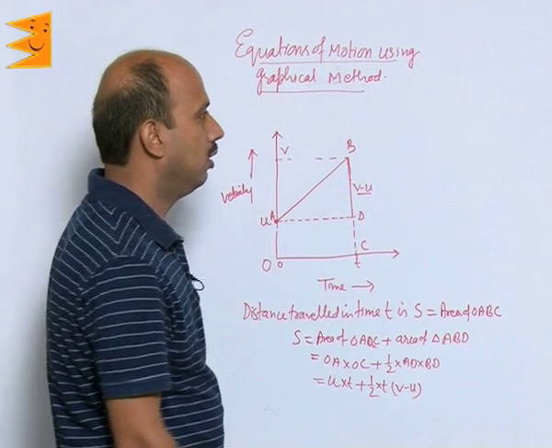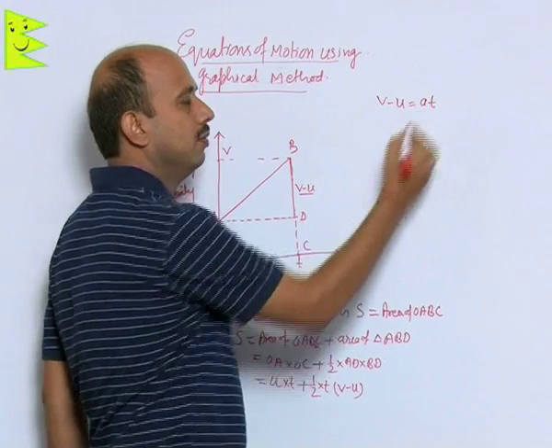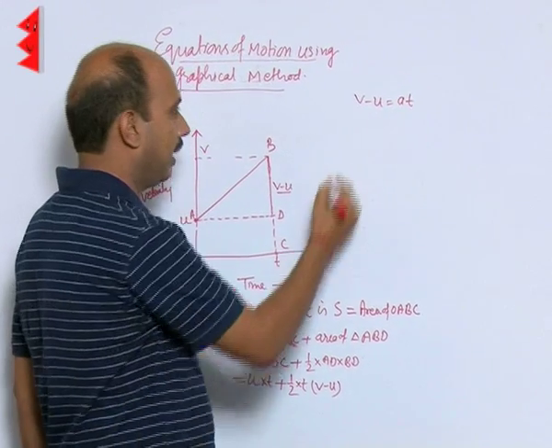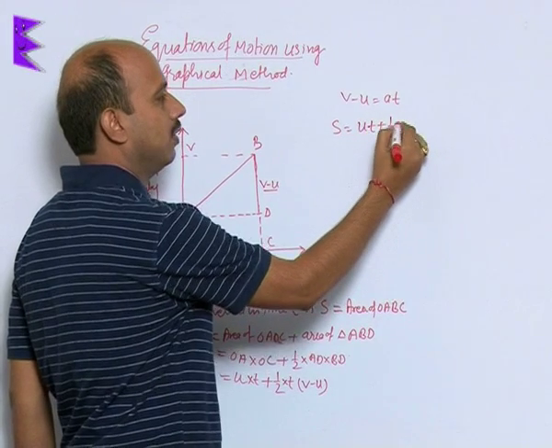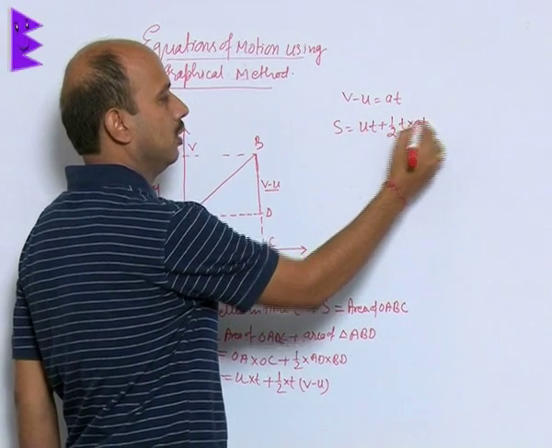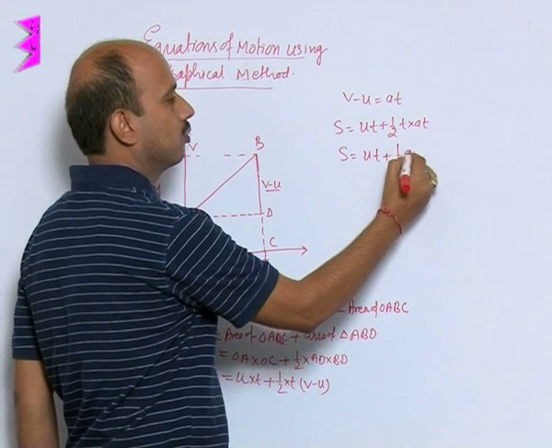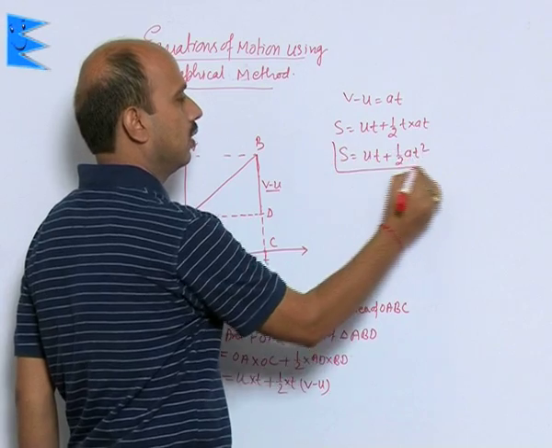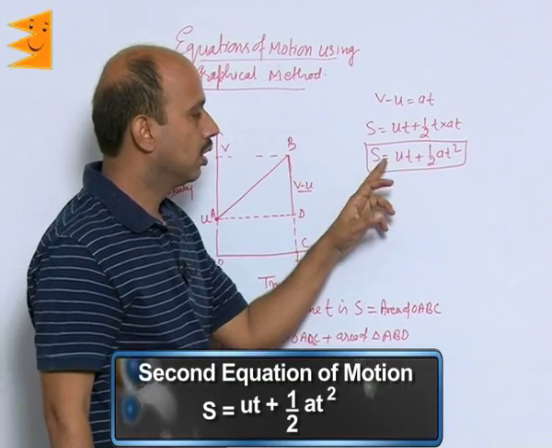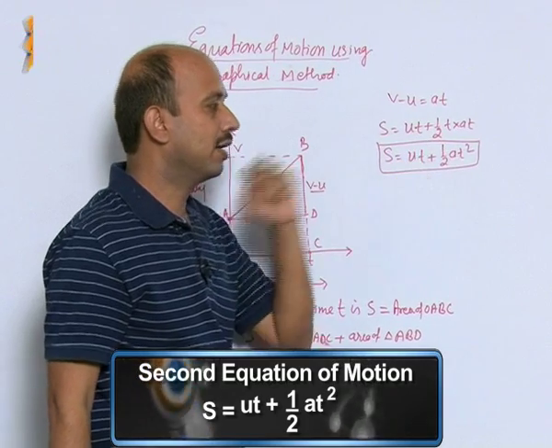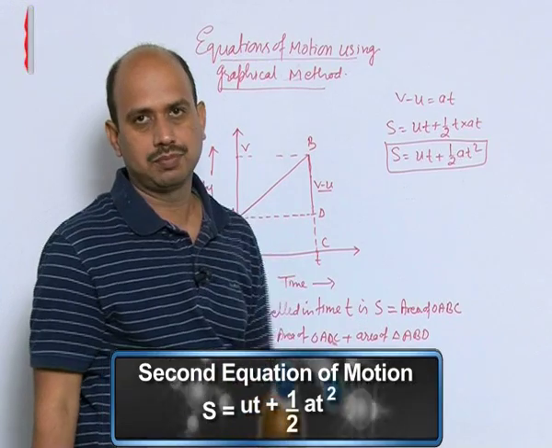Now see, we have V minus U is equal to AT. So S is equal to ut plus half t into AT. So S is equal to ut plus half at square. This is the relation between displacement, initial velocity, time and acceleration.